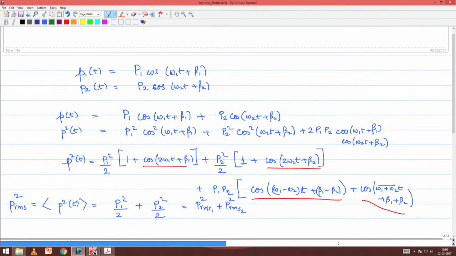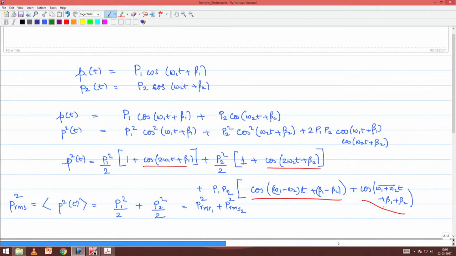You will get this term associated with the average value of this quantity. This quantity is again not going to contribute to the average value, and this quantity is not going to contribute either. So, you will have P1 square by 2 and P2 square by 2 as usual. Just in this term, where both of these trigonometric terms were shown to have a 0 average effect, that is not going to be true.